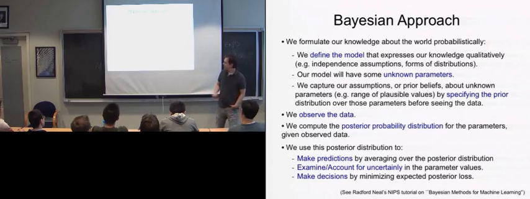We can examine and account for uncertainty in the parameter values by looking at the posterior distribution. We can also make decisions by minimizing expected posterior loss. So one of the key components of the Bayesian approach is the posterior distribution.